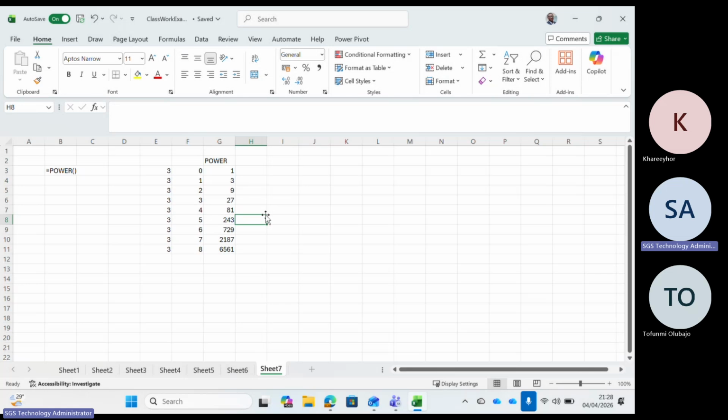You can round up or you can round down. To round up, we use the function CEILING. So the second function for today is equals CEILING.